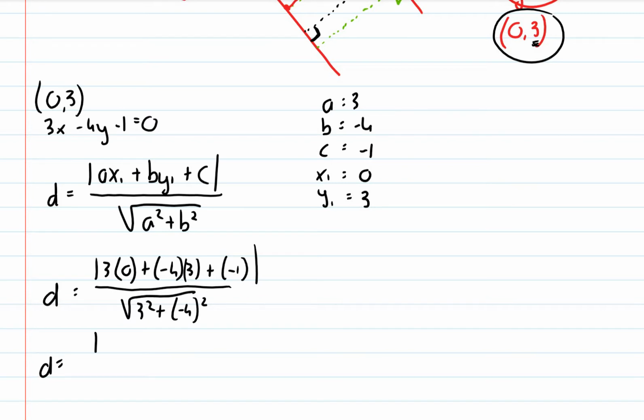So D equals 3 times 0 is 0, minus 4 multiplied by 3 is minus 12, minus 1, all over the square root of 9 plus 16.